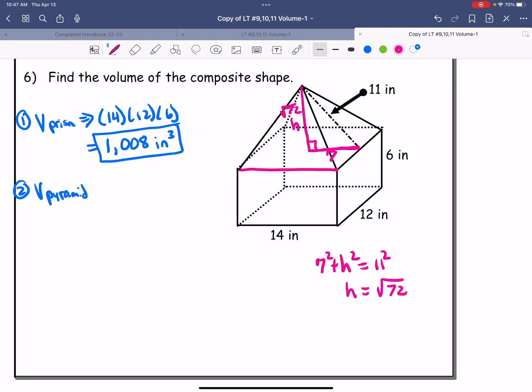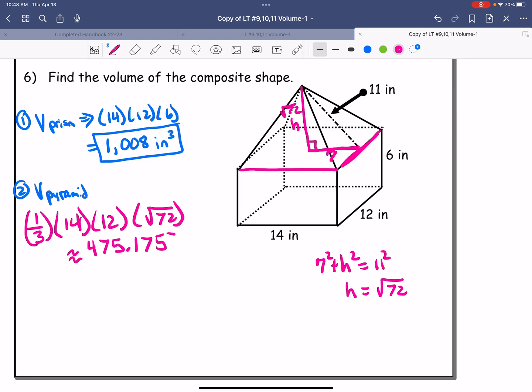The volume of the pyramid is going to be 1/3 times the base area, 14 times 12, times the height, which is square root of 72. And if I type all that in, I get about 475.1757.